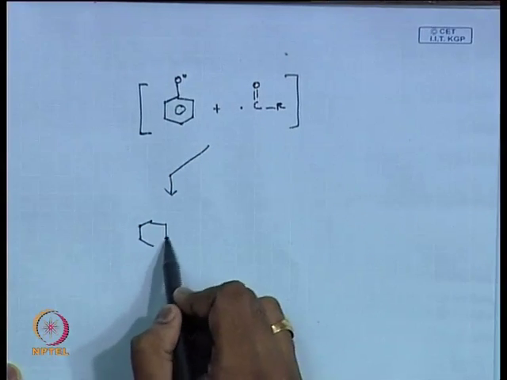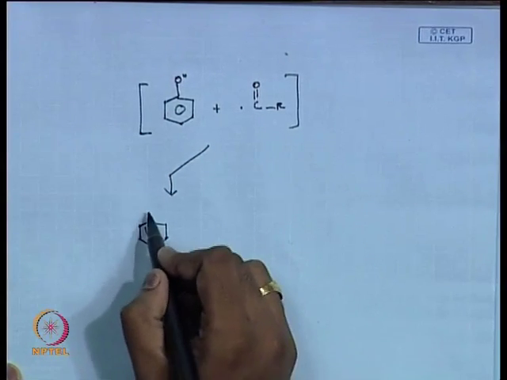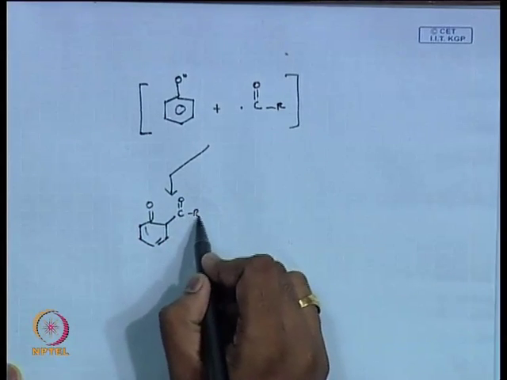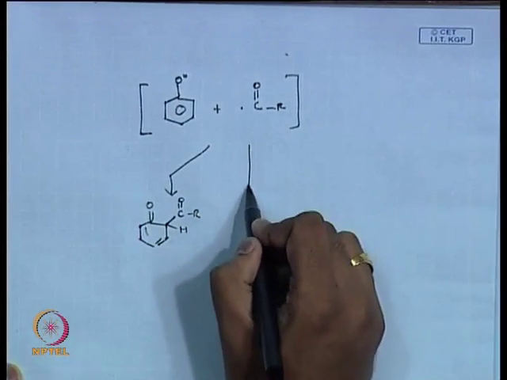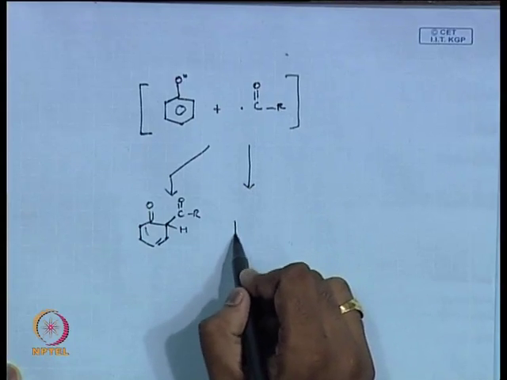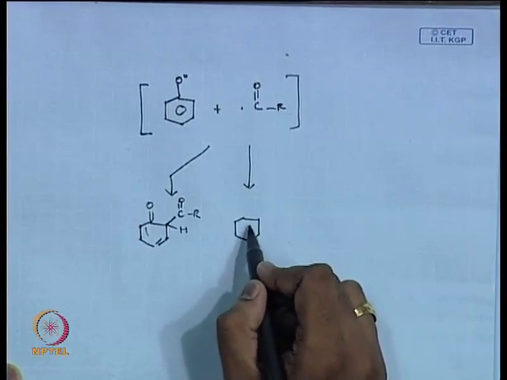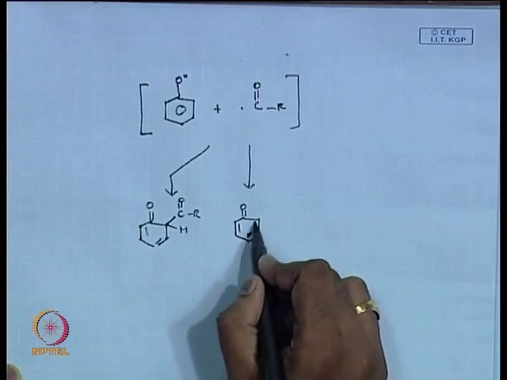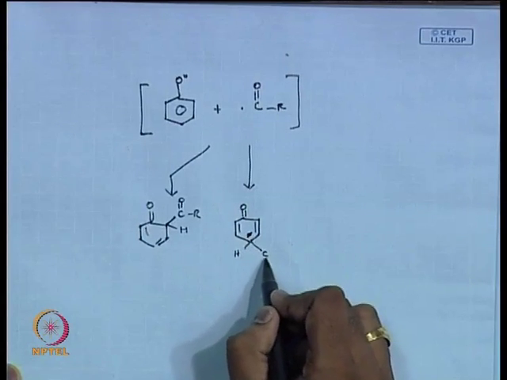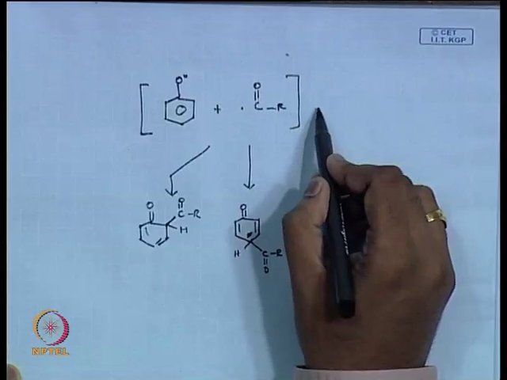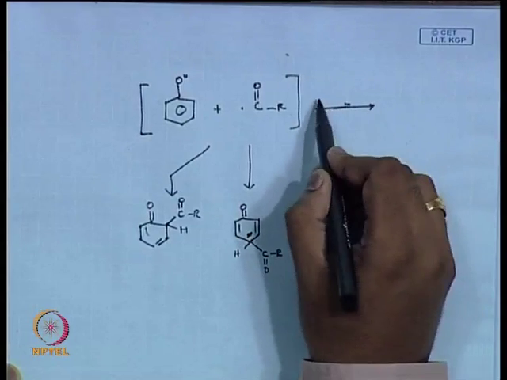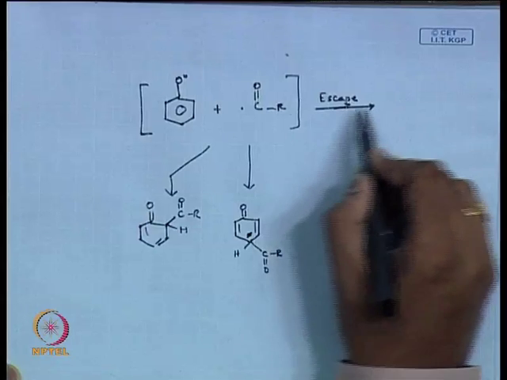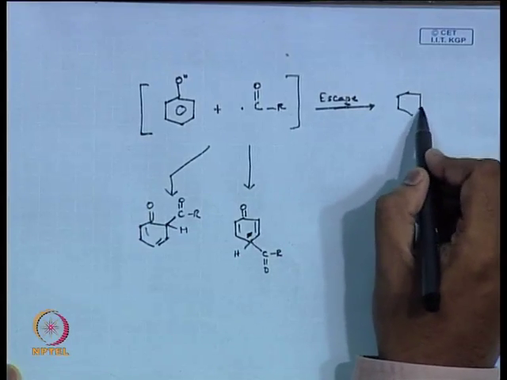If it escapes from the solvent cage, then you will get this type of radical.